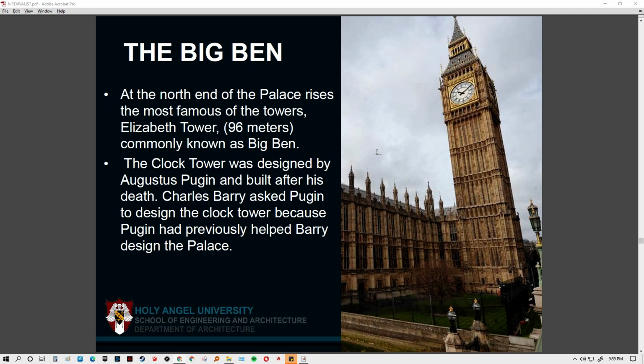And the Big Ben was designed by Augustus Pugin, but after his death, it was continued and finished by Charles Barry.